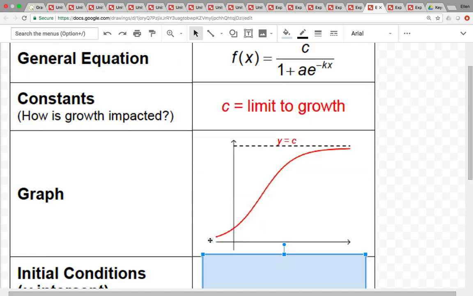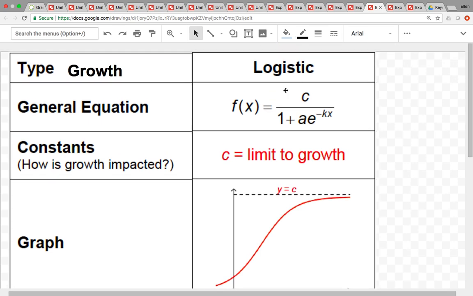Okay, so it's going to grow like an exponential function, and then it's going to hit some ceiling where it can't go past. Some examples of that is like the growth of humans. Nobody keeps growing all their lives. Eventually they're going to get to their maximum height, and then they're just going to stay there. So this is an example of a logistic growth function.